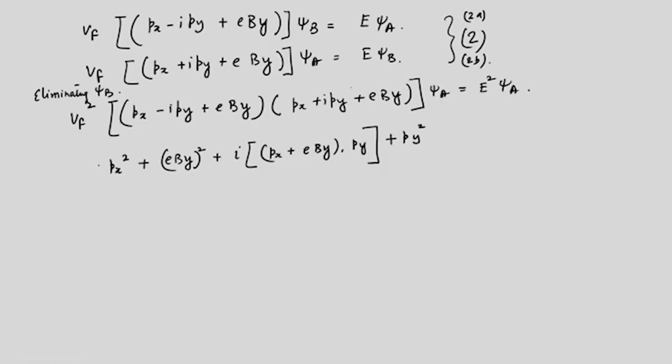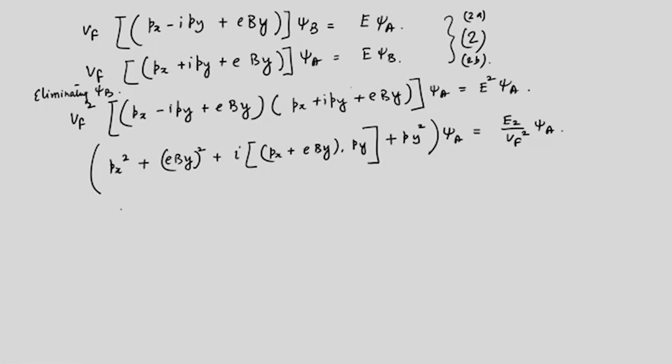So, let me change this bracket to another one. Put a big first bracket here, acting on psi a, this is equal to E square by Vf square psi a. Just to remind you, Vf is the Fermi velocity of electrons in graphene.